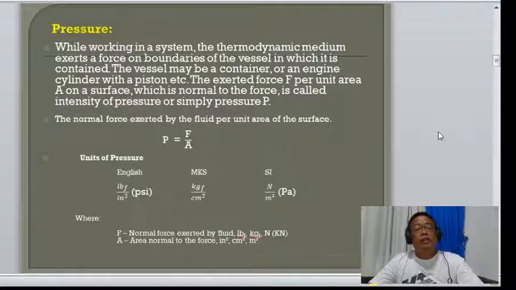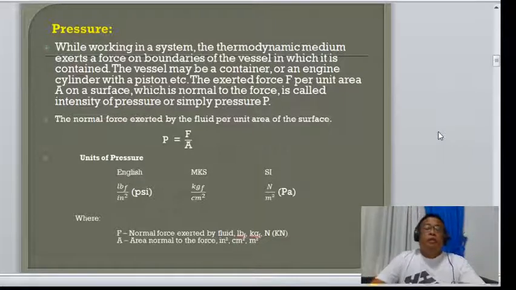In English, that is calibrated in PSI, and in MKS, the calibration is in kilogram force per centimeter square. But in international system of units, that is calibrated in pascals, kilopascals, or megapascals.